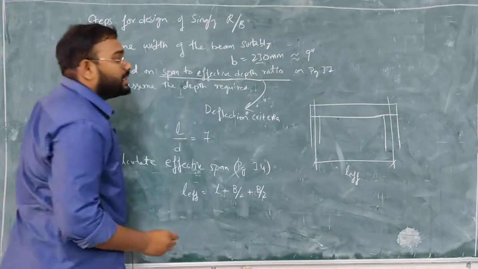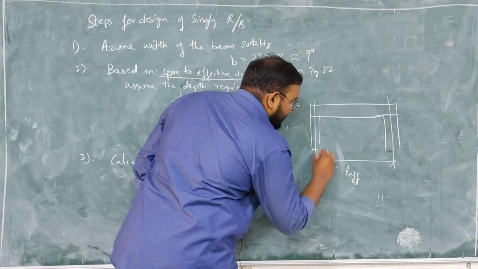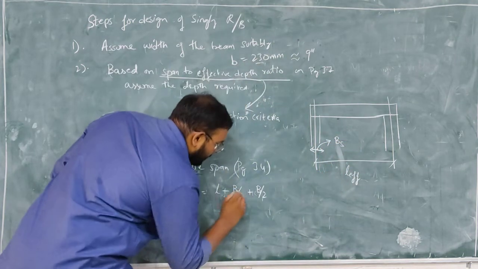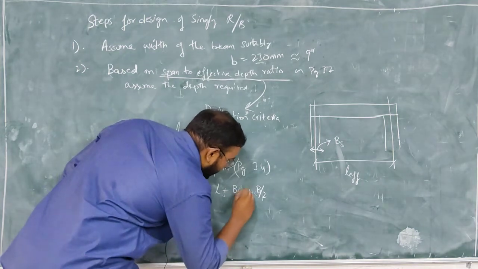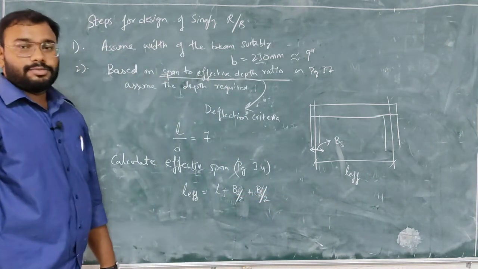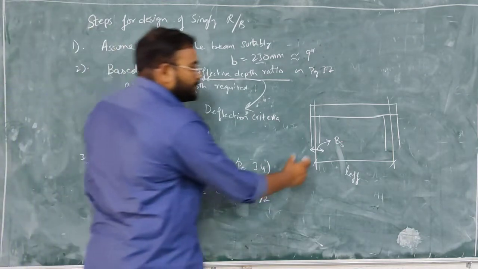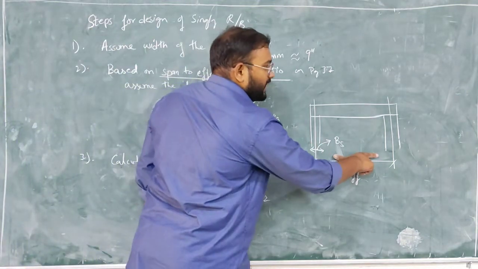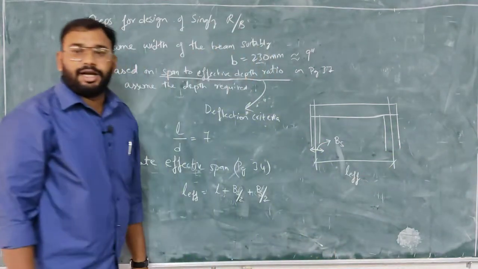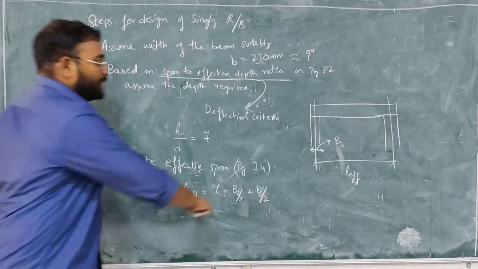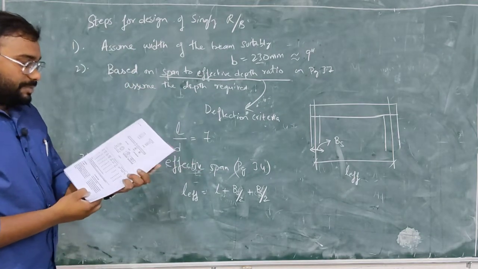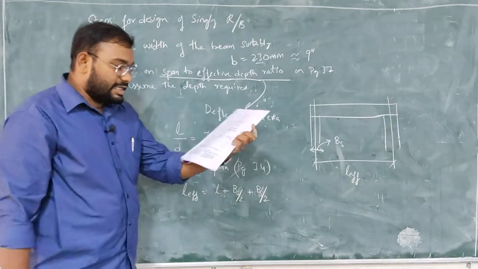See here I am writing capital B, because this is capital B. Or we write BS, breadth of support, by 2 and breadth of support by 2. Suppose this is 230 mm. So if L is 5 meters, 5 plus 0.23 by 2 plus 0.23 by 2. All should be in one unit. Remember that.